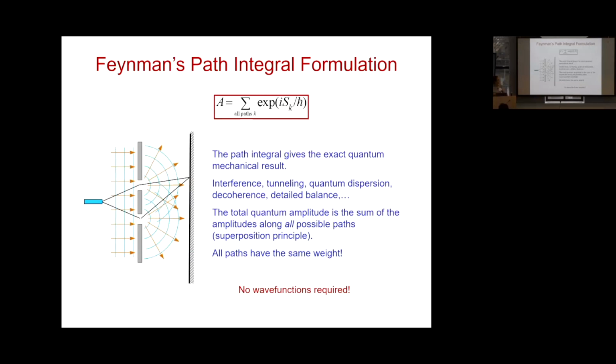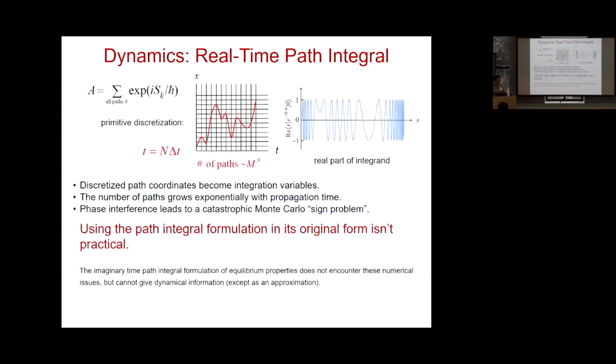And that's a nightmare computationally. The practical appeal of this is that no wave functions are needed. So if one could compute the sum, then one could have exact quantum dynamics without having to store multidimensional wave functions.